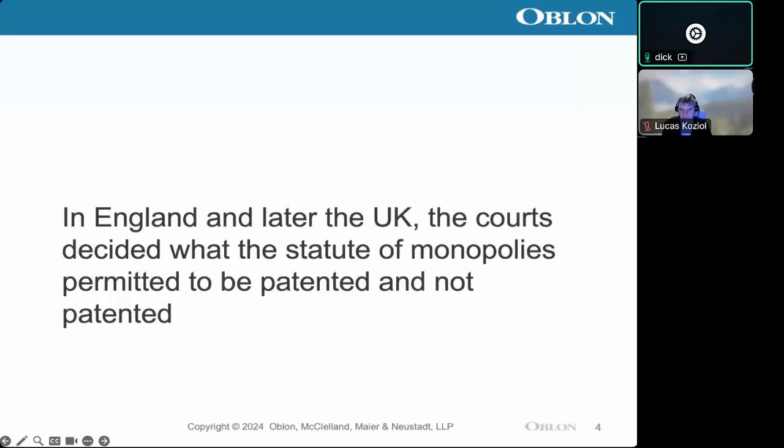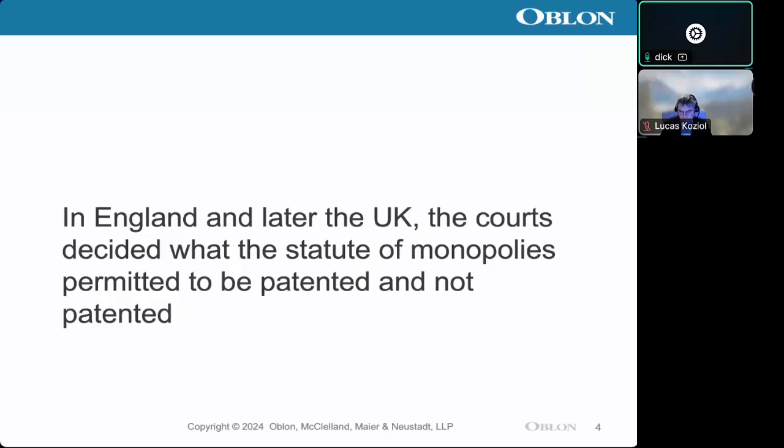The English kings were giving out patents long before there was any statutory basis for it. Initially, the kings were using it to try and attract technology from Europe. England was the backwater of Europe in terms of technology, and basically they were the China of their day in trying to steal the technology by inducing people to come to England with the inducement of getting a patent and making a lot of money through the monopoly.